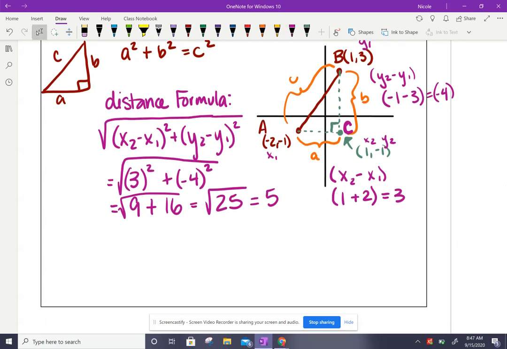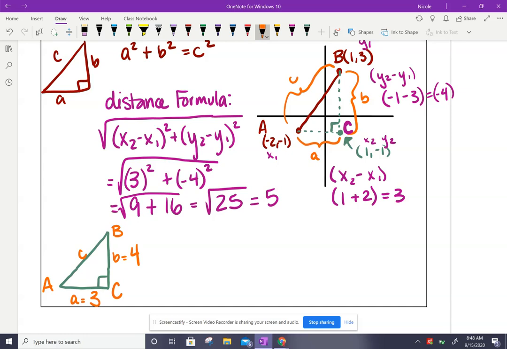Now, if I just gave you a triangle and I asked you to find c, but I gave you the side lengths, and the steps from one side to the other was 4, and the steps from B to C was 3, or actually, these were the other way around. This side was 3, and this side was 4.